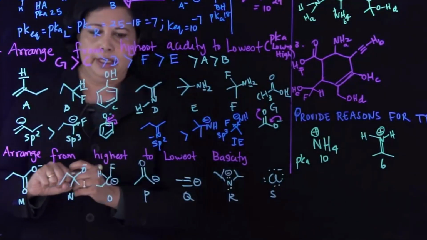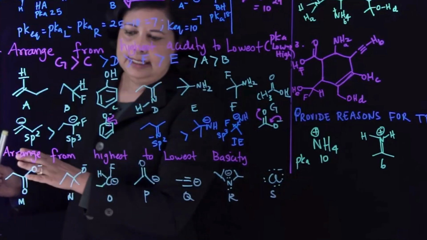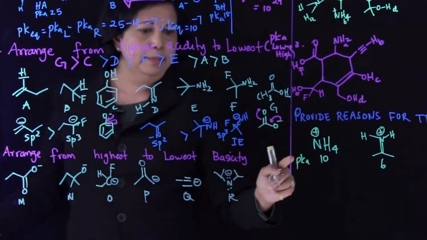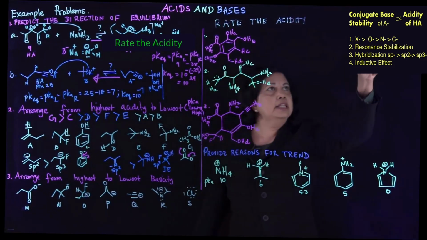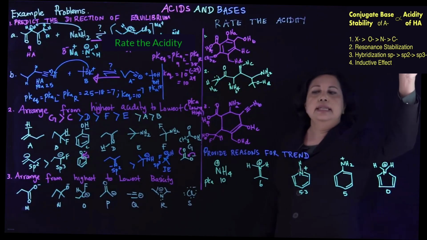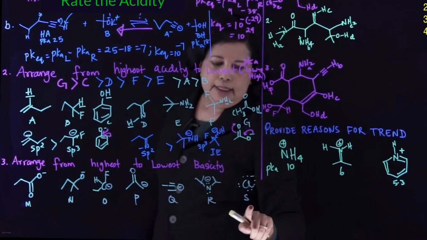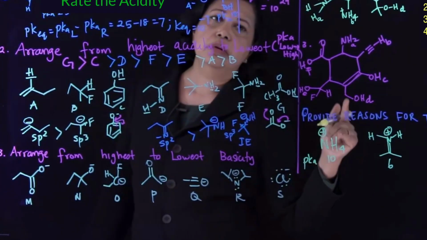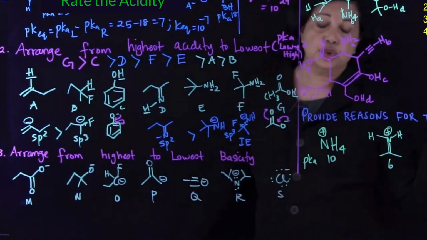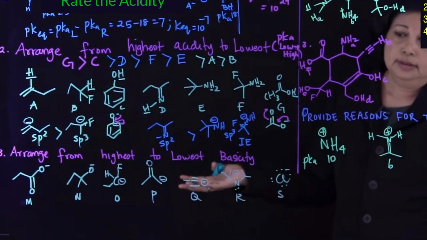That's one way to do it, or you can look at the anions and say which one's more stabilized. For example, which anion would be the most stable? X minus, O minus, N minus, then C minus. Here's your X minus. That is neutral. You know, conjugate bases of strong acids are neutral, right?